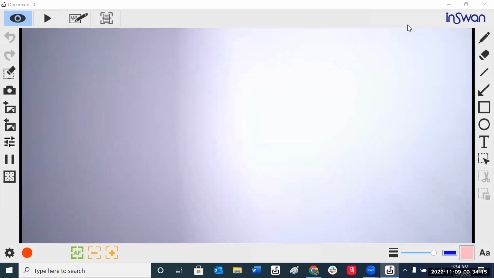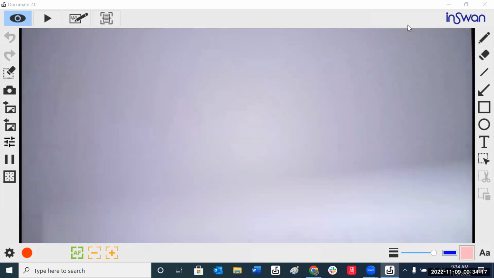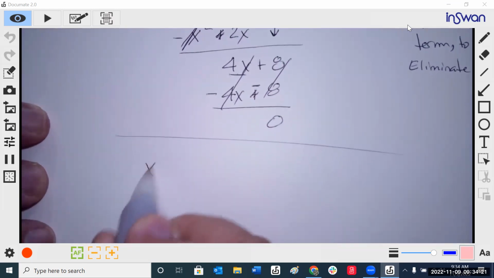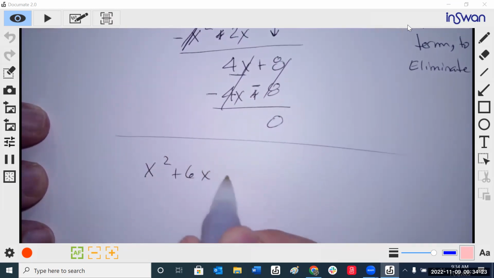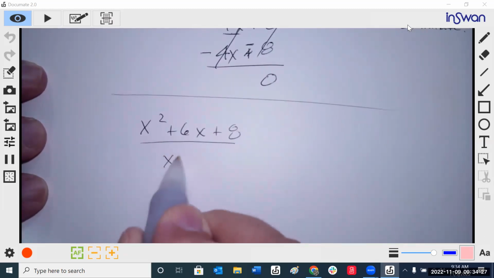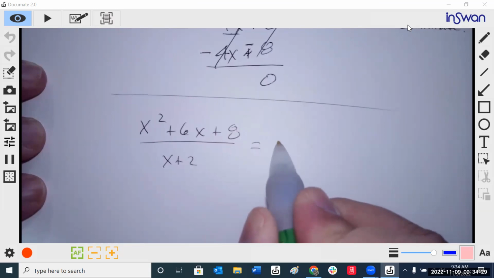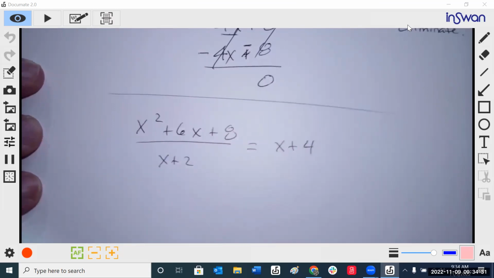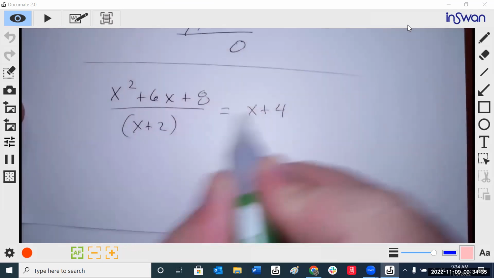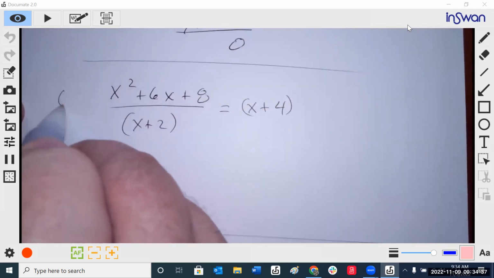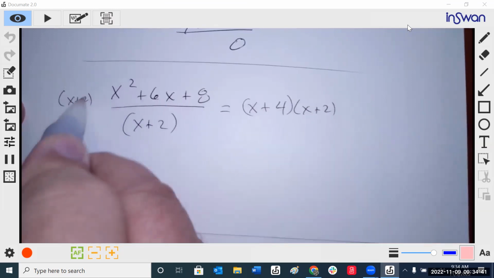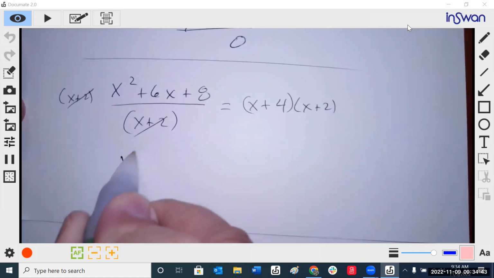Let's try a bigger one. Well, here's a beautiful thing about this. Remember, our first equation we dealt with was over x plus 2. And the answer equaled x plus 4. And if we test it, we have to take the denominator and multiply them together.